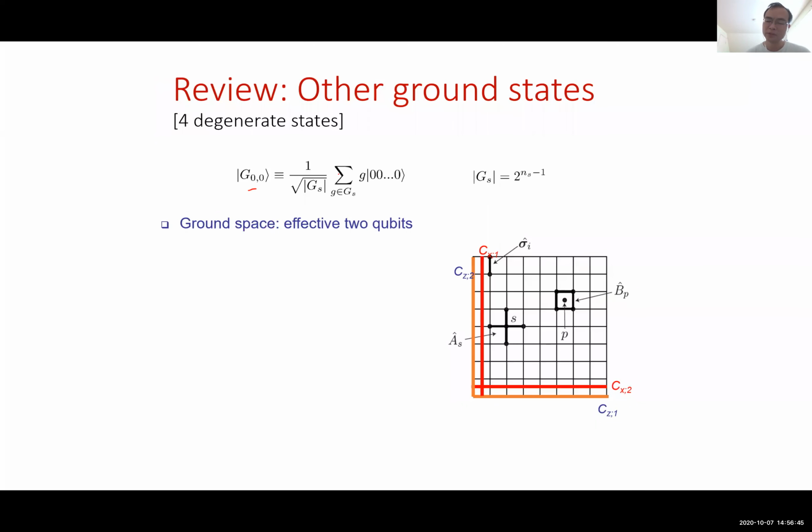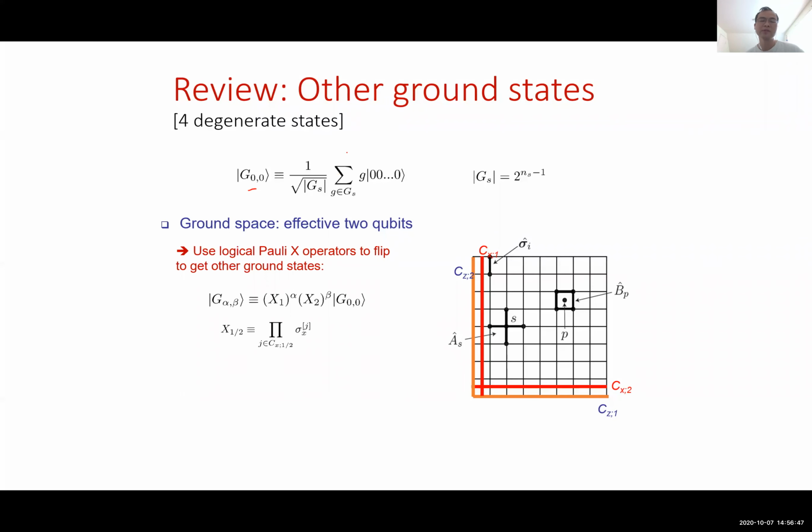Then we use the stabilizer formalism to find operators that commute with all the stabilizer operators, but are not in the set. And you want to find 2 sets of them, X1, Z1 for qubit 1 and X2, Z2 for qubit 2.